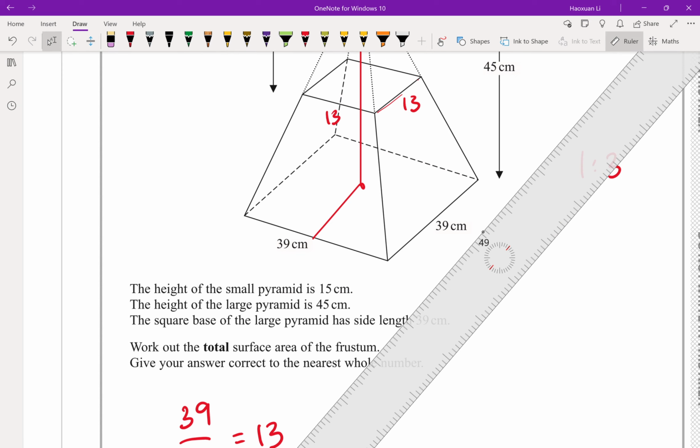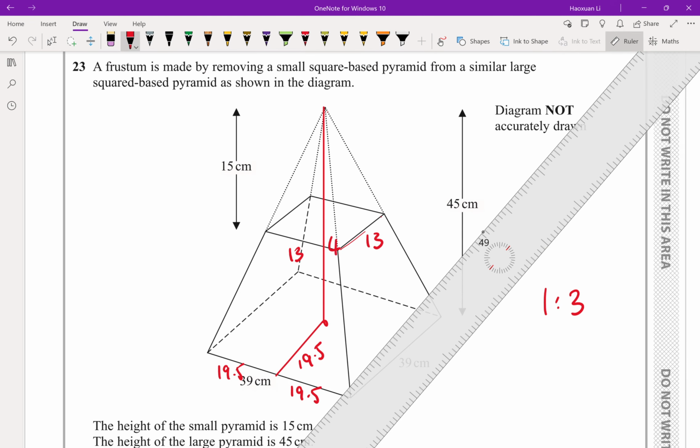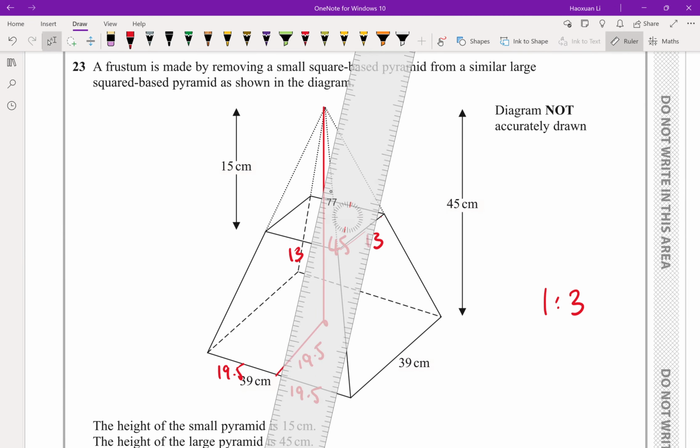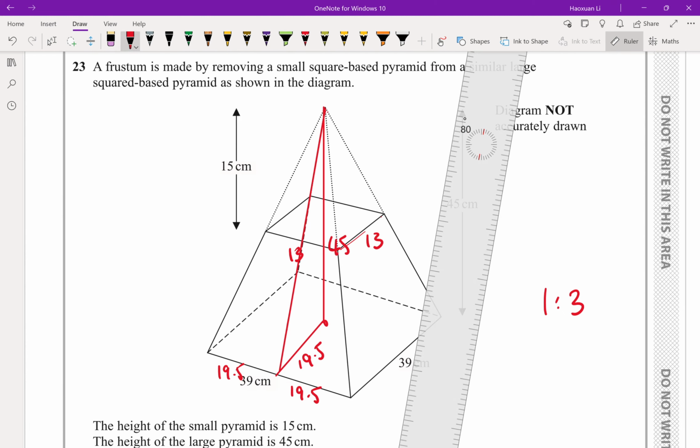So 39 divided by 2 will be 19.5 and 19.5. So if this is 19.5, this has to be 19.5 too, because this is the same length. And since this is 45, you can then work out this whole part.